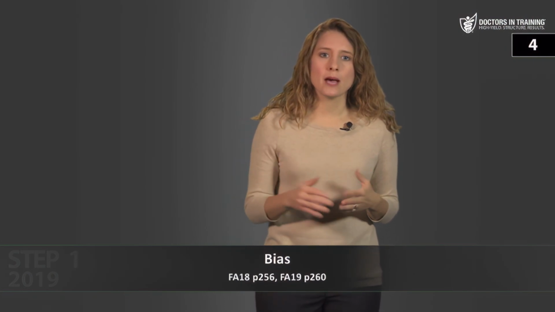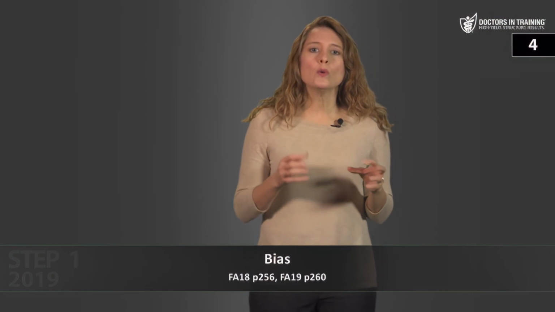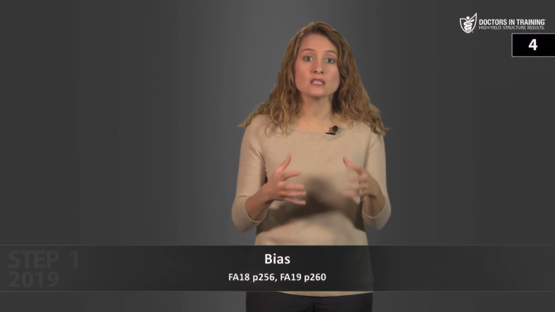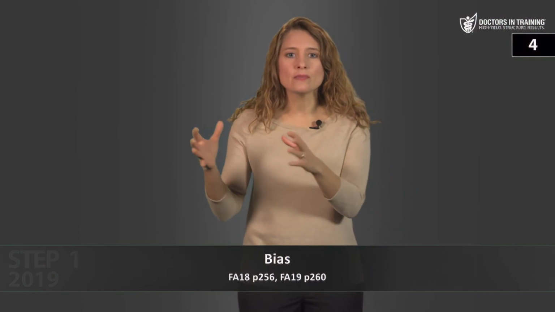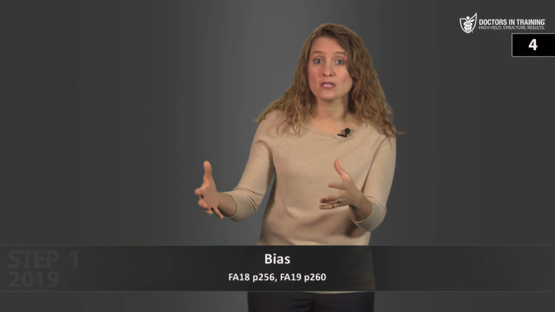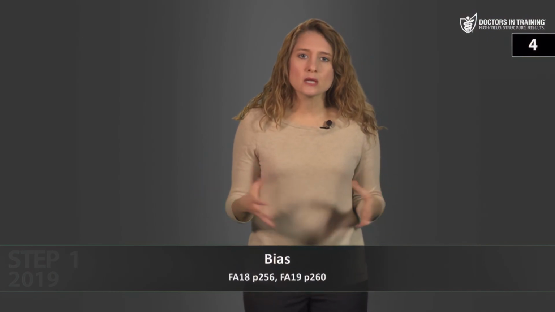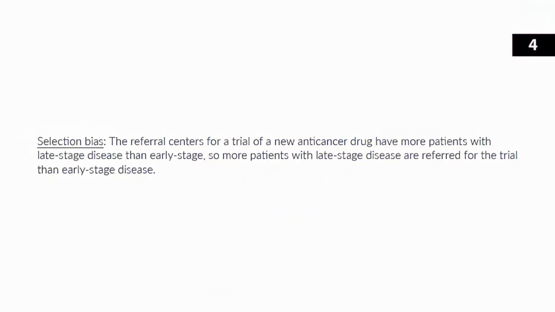Let's start with selection bias. Selection bias results when there is a systematic difference in the way the subjects are chosen that makes the study population different from the entire population that was eligible for the study. This is sometimes called sample selection bias. An example is in your study guide. The referral centers for a trial of a new anti-cancer drug have more patients with end-stage disease than early stage.